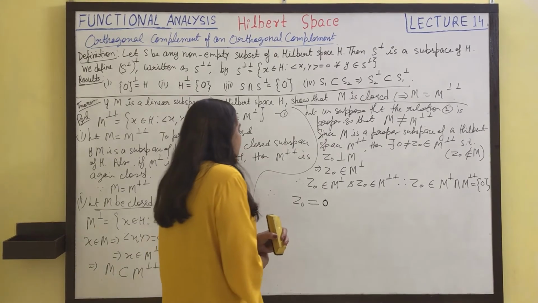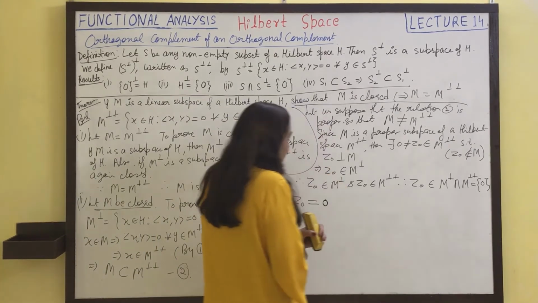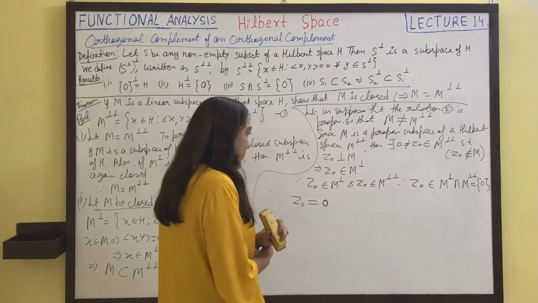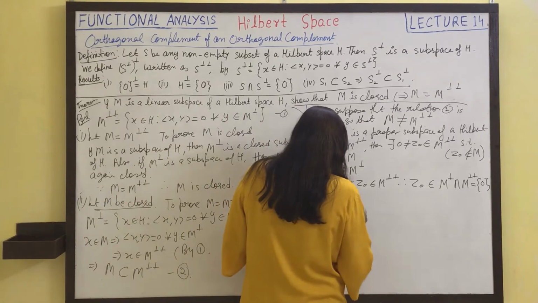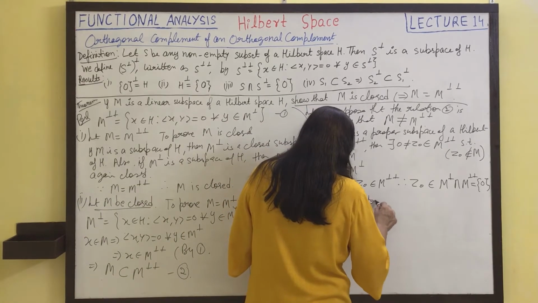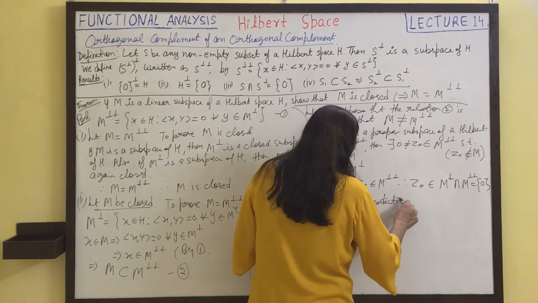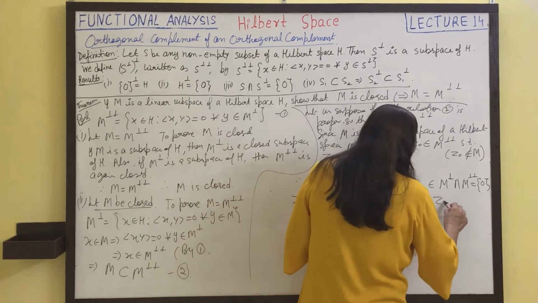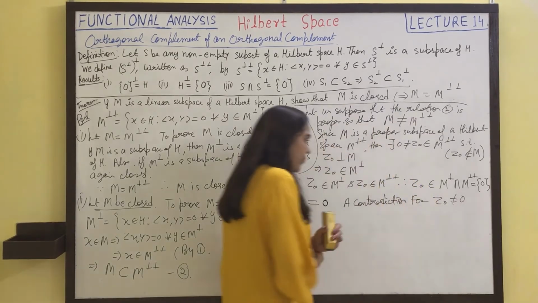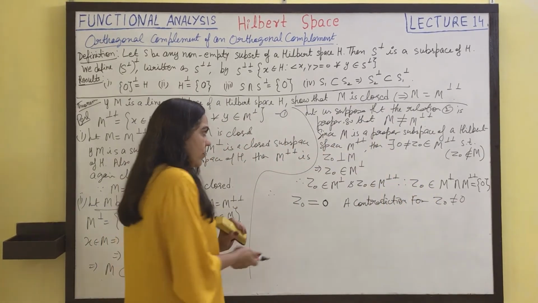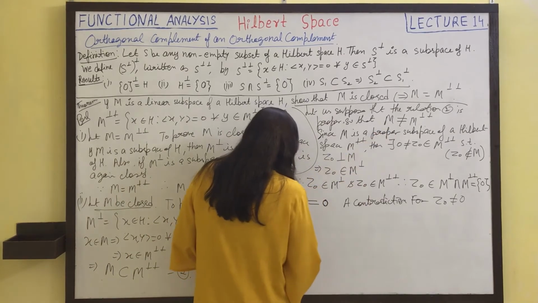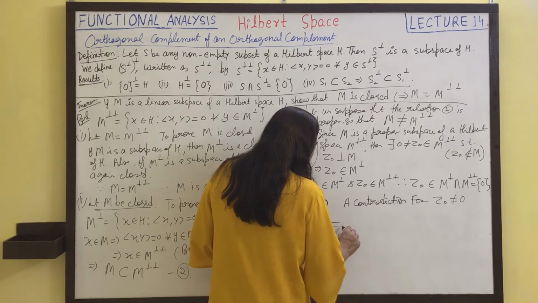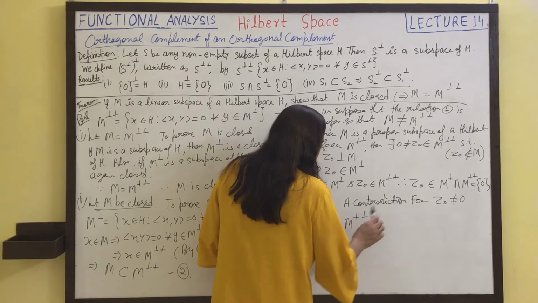So, we got a contradiction that Z0 is non-zero. Hence M must be equal to M perp perp.